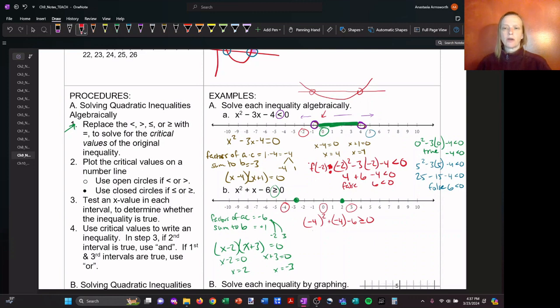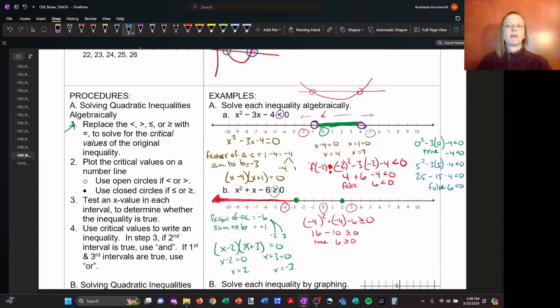Well, -4 squared is +16, and then -4 is just -4, so I'm subtracting 4, and then I'm subtracting 6, so I'm subtracting 10 total. And so is that greater than or equal to 0? Yes, it is. 6 is greater than or equal to 0, so that is true. So I will be shading my line down this way to the left.